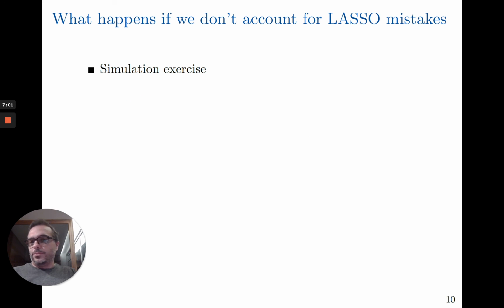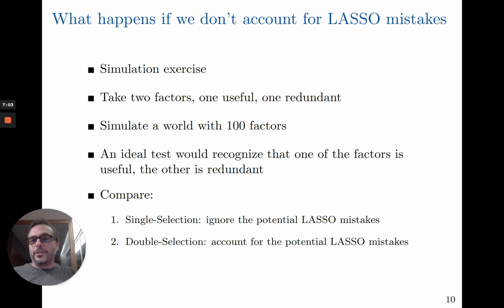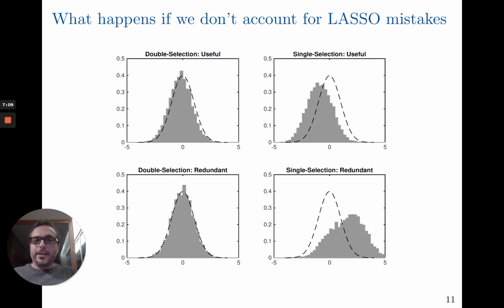I'm going to show you a simulation exercise, trying to mimic real life with 100 factors. Basically, the panel on the right compares the true selection rate with the double selection, for useful and redundant variables.